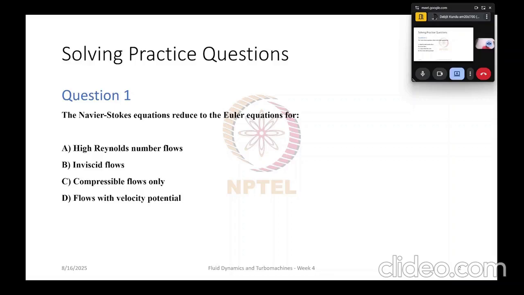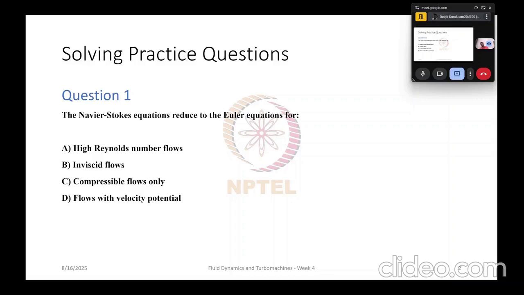So when does the Navier-Stokes equations reduce to Euler equations? Is it for option A, for high Reynolds number flows?